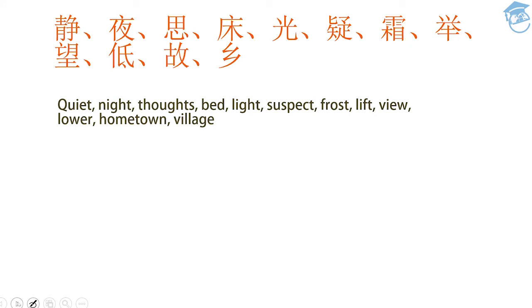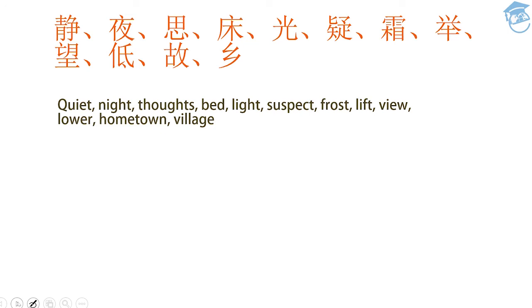So in this lesson, you have learned all these new words, and also a very famous poem in Chinese culture. Specifically, you learned Quiet Night Thoughts, the title, and also some other objects like bed, light, frost, hometown, village, as well as some verbs such as lift, view, lower.